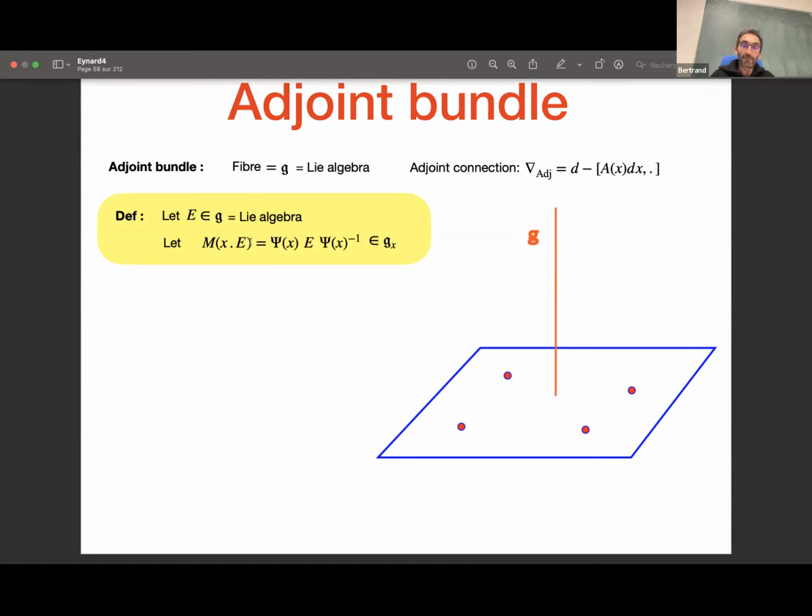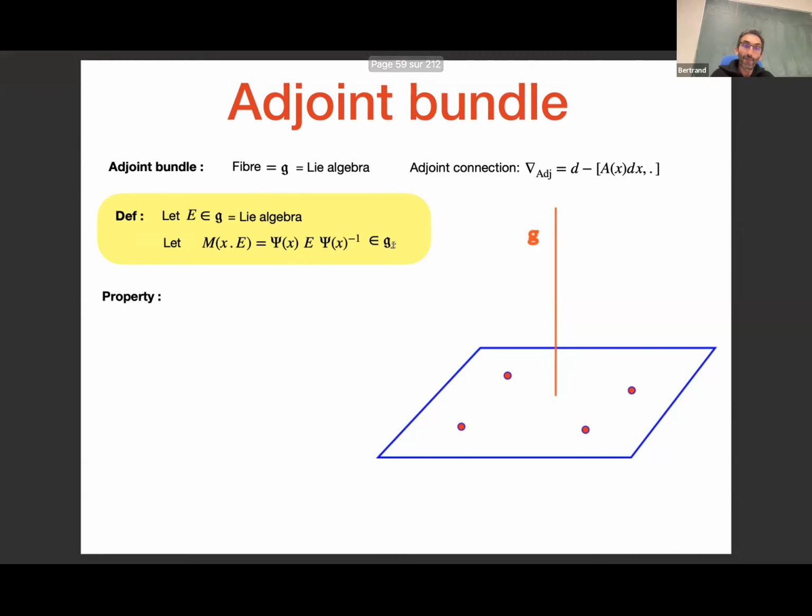There exist other notations in the literature; for example, Goldman writes it sigma instead. It is basically psi E psi inverse, and this is an element of a fiber of the bundle above the point X.